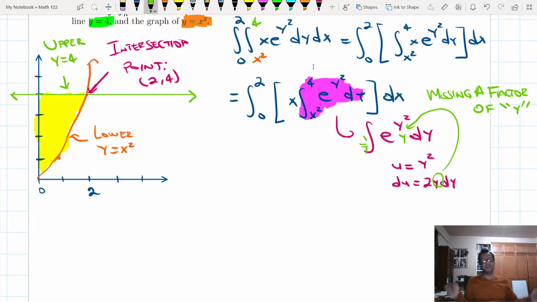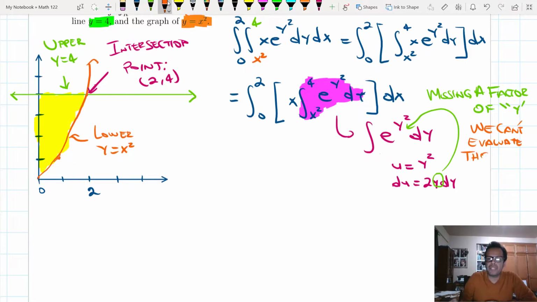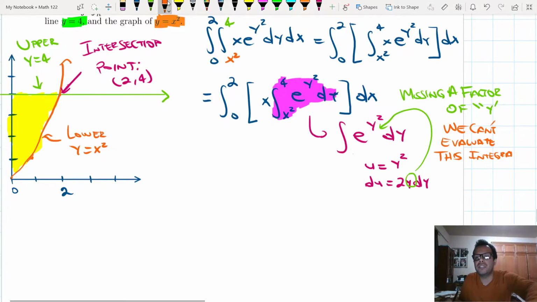That cannot be done. Because of this, we can't evaluate this integral right here, unfortunately.